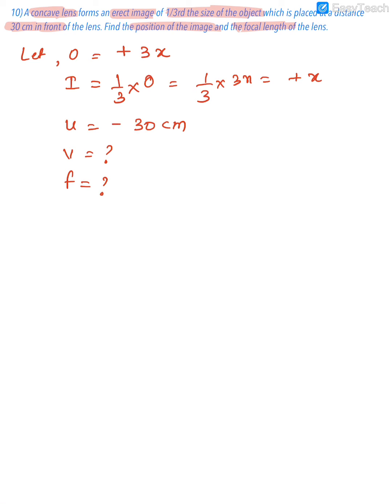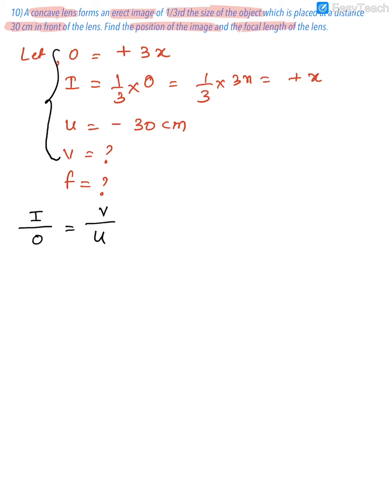So how will you find this first? We'll use the formula for these first 4 terms. Now what are those terms? We'll write I upon O is equal to V upon U. Why am I using the mirror formula here? Now let's substitute.